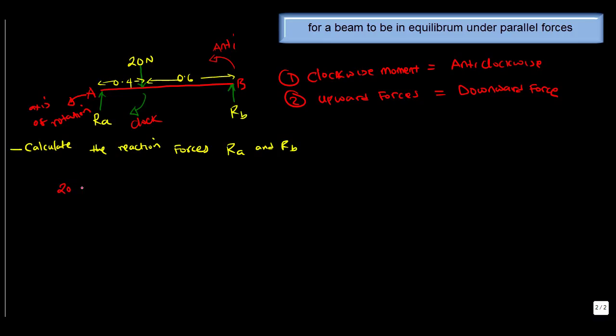So you have 20 times 0.4, 20 times the distance from the applied force to the axis of rotation, is equal to RB. We don't know the value of RB, that's what we're trying to find out. And the distance of the reaction force to the axis of rotation is 0.6 plus 0.4, and that will give us 1.